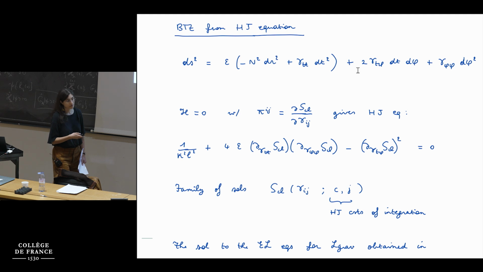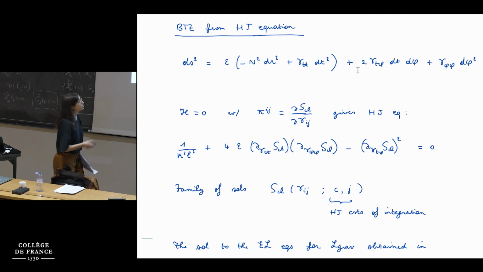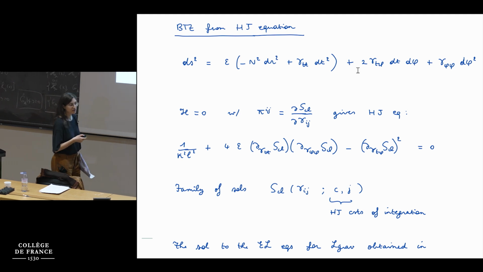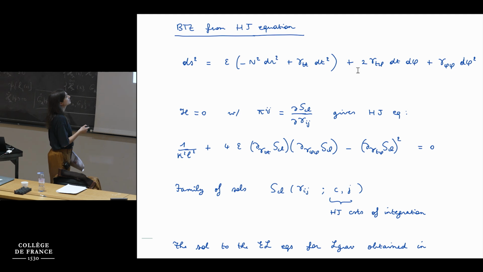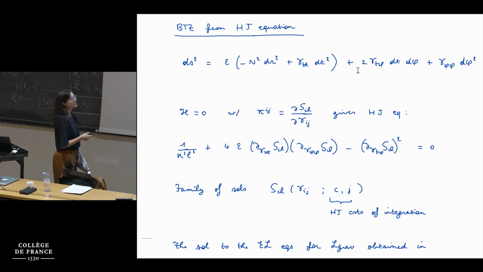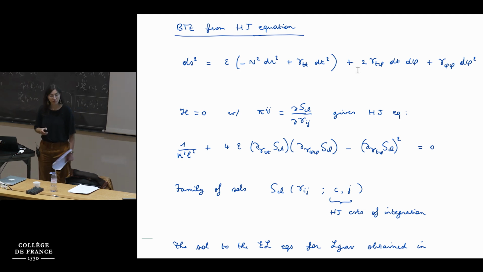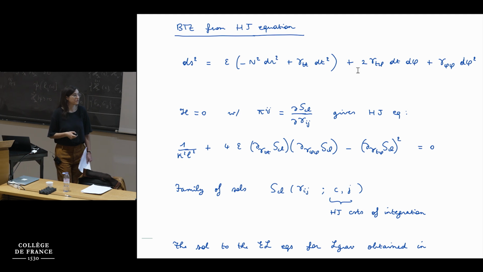So the counter term is not appearing here? No, thank you, I forgot to mention. Yeah, because there are only quadratic terms. So this part of the paper is without the counter term, and we add it back at the end, which is another way of proceeding.